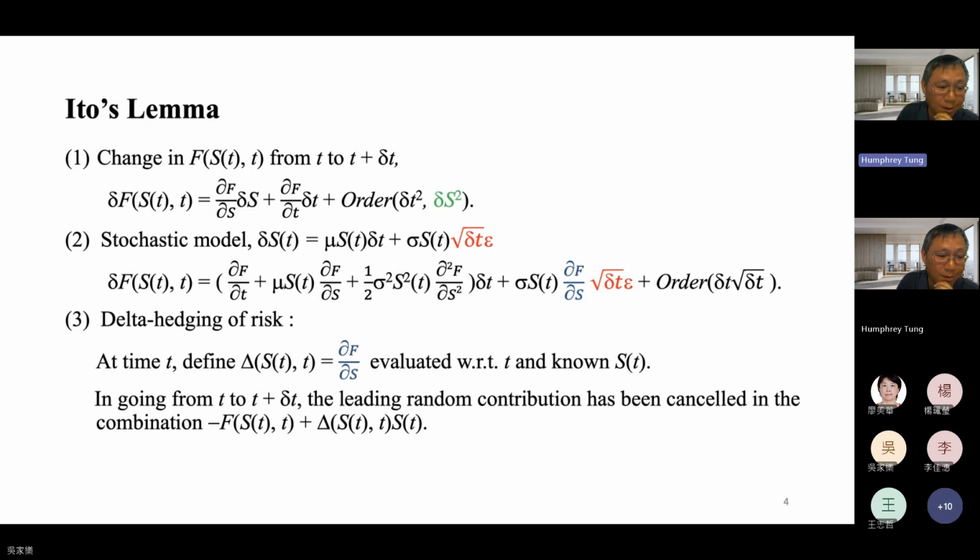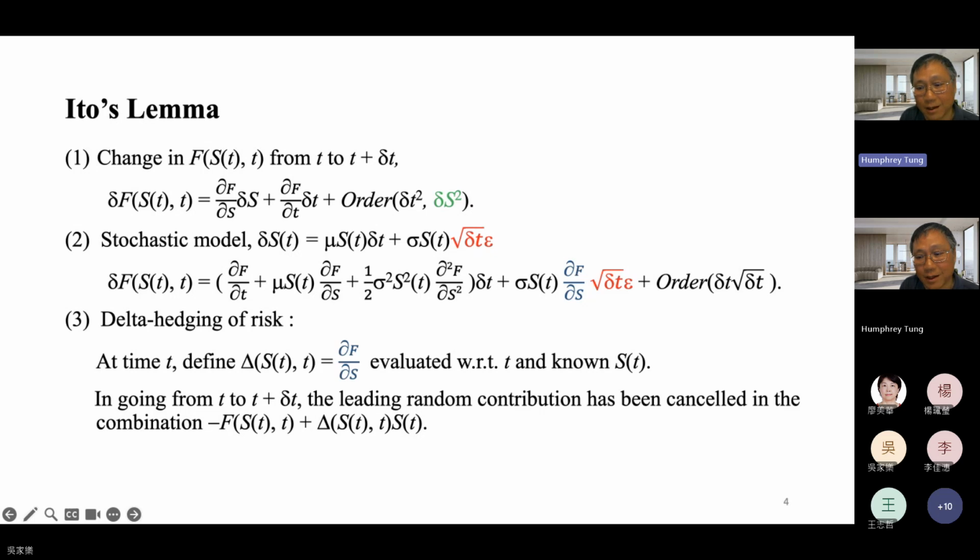Now, what makes sense regarding the option price at current time is something called delta hedging. Let me go back one page.